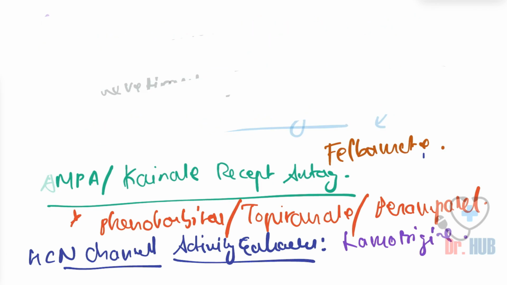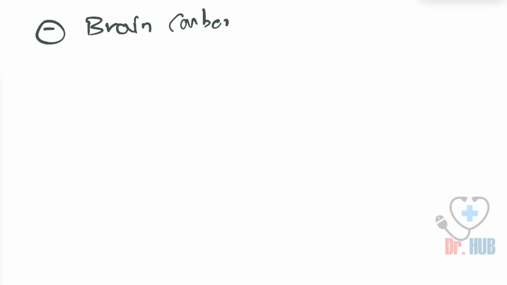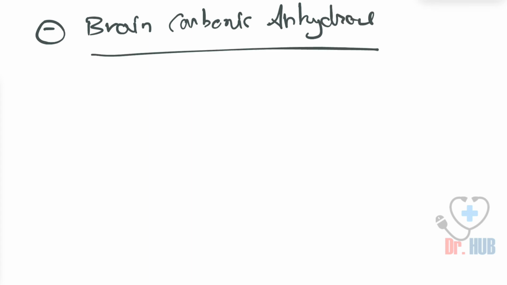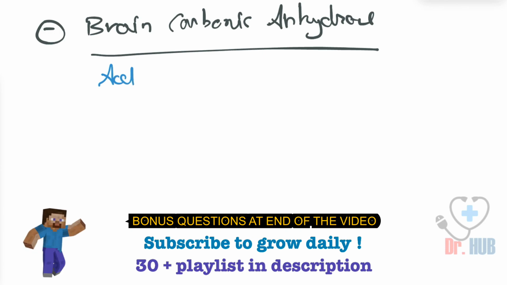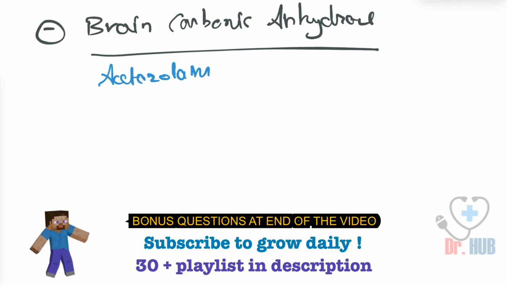Then we look at the inhibitors of the brain carbonic anhydrase. So under this it includes the acetazolamide.